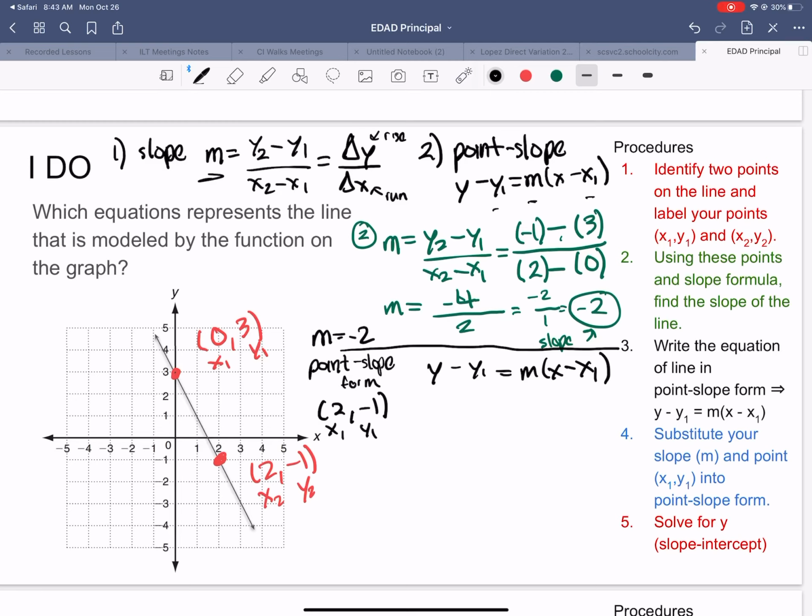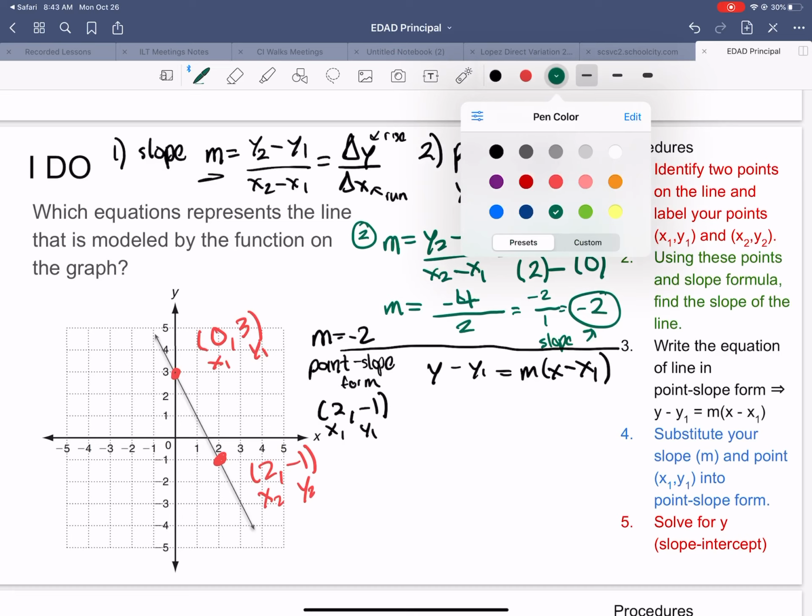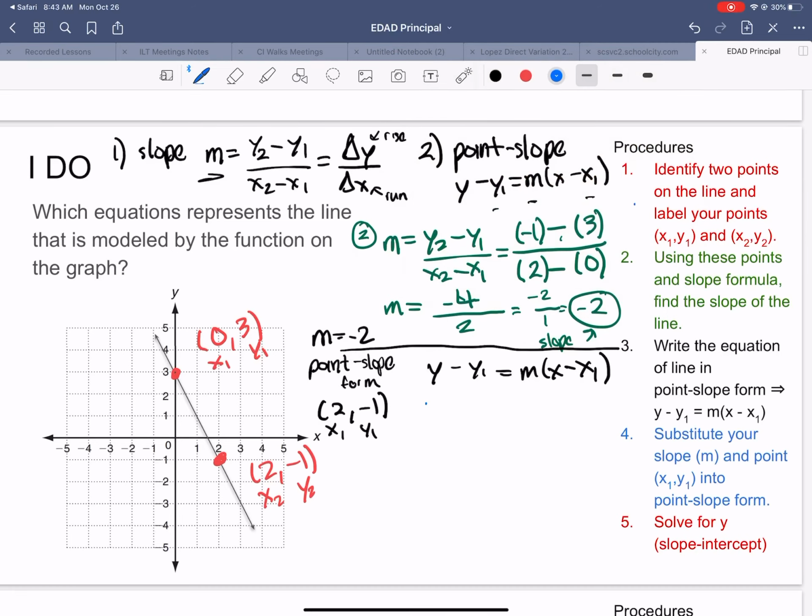Now I'm going to go ahead and substitute everything. y minus, when you substitute, make sure you put it in parentheses, negative 1 is equal to negative 2 times x minus 2, and again, I'm putting that in parentheses.